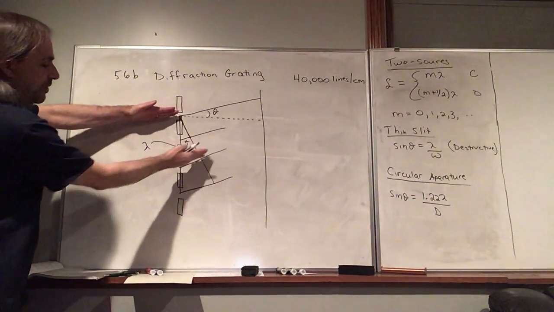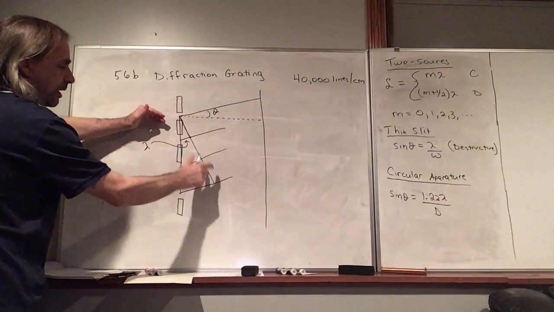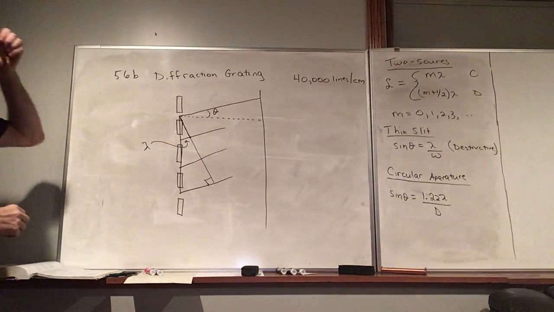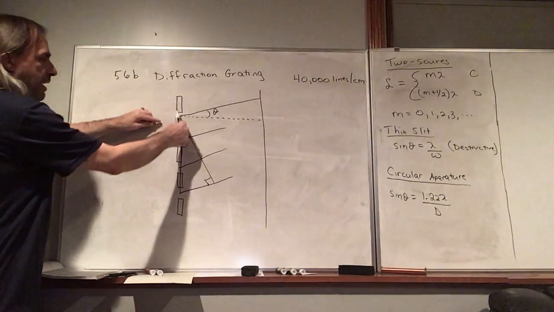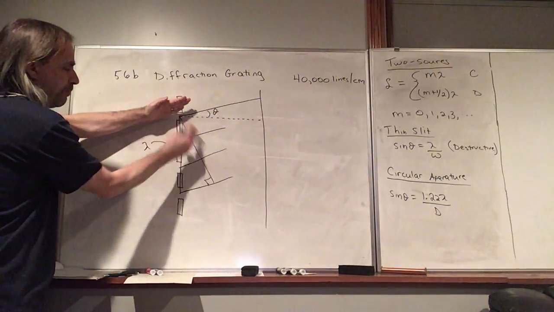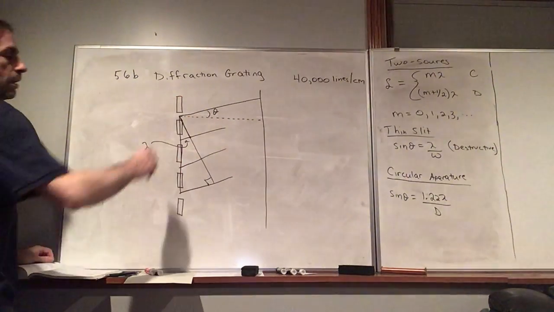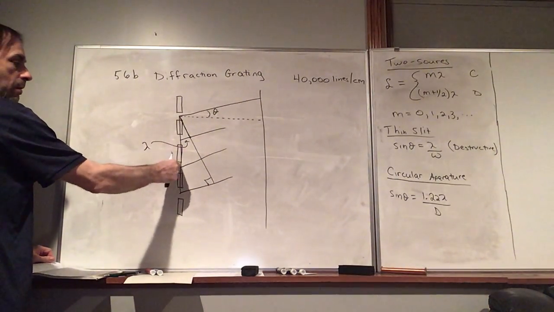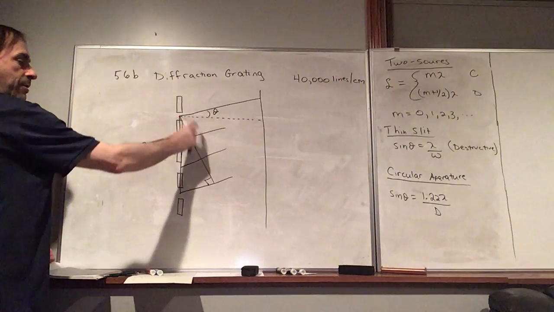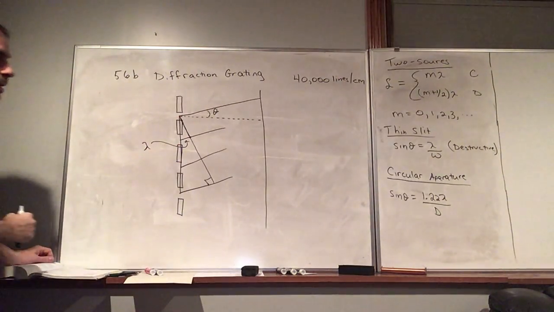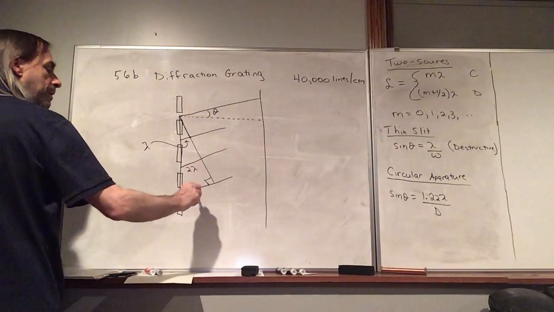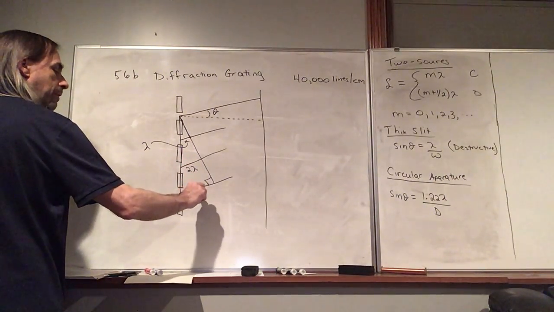If you look at this triangle, these are all right triangles. These are the right angles. Looking at this little triangle and this next bigger one, the bigger triangle has twice the hypotenuse, so the opposite side should be twice. So this would be 2 lambda. Similarly, this one is 3 lambda.